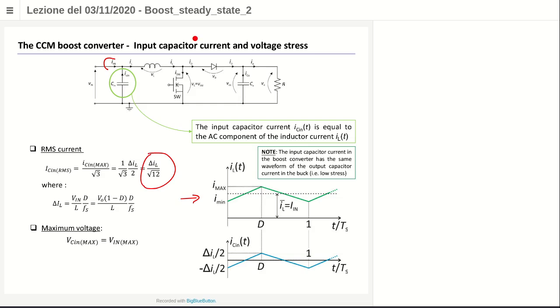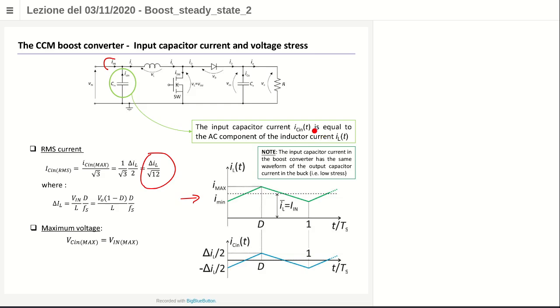It's the presence of the inductor L in the input side of the boost that makes the current absorbed from the input port smooth. There is no pulsed current absorbed from the input side. It's just something very smooth, almost constant current with a small ripple on it.